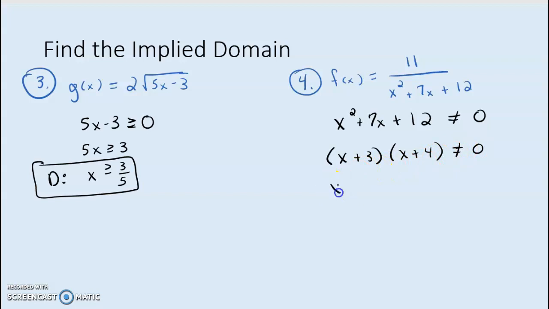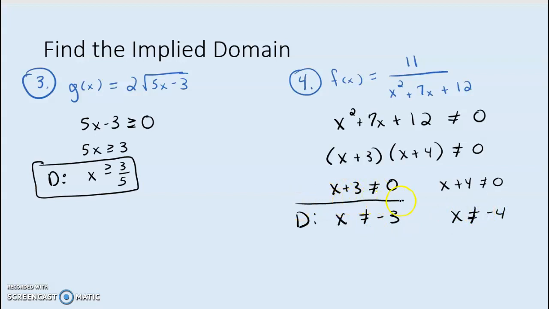We set that into 2 smaller equations: x plus 3 does not equal 0, and x plus 4 does not equal 0. So the domain is x does not equal -3 and x does not equal -4. Our factoring rules and solving rules are coming into play here. Basically, in number 4, you can plug in any number you want and get an answer, except -3 and -4, which make it undefined.